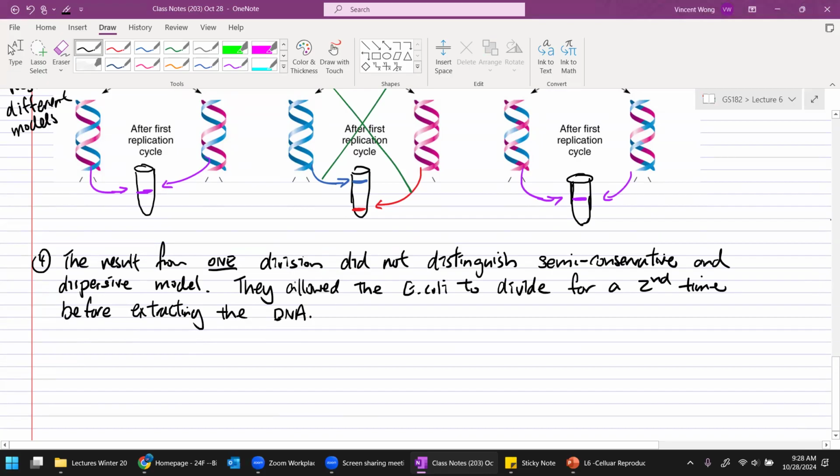For those of you who have a hard time visualizing this, you actually can extract DNA quite easily. It's like a cloudy thing in a solution. You can actually physically see it in a test tube.